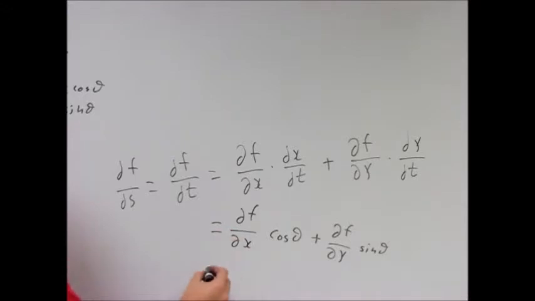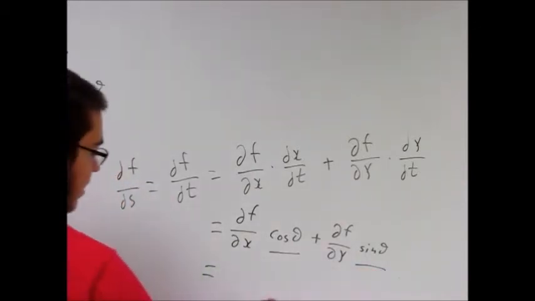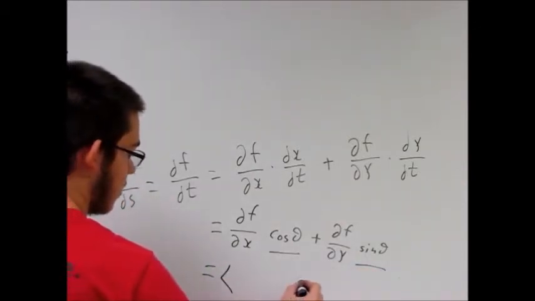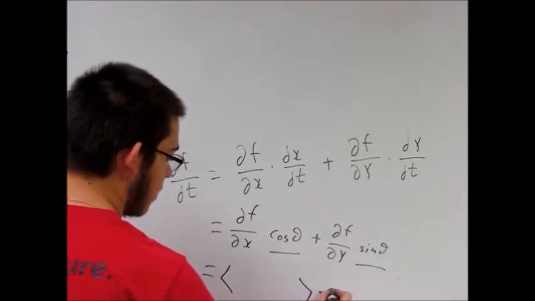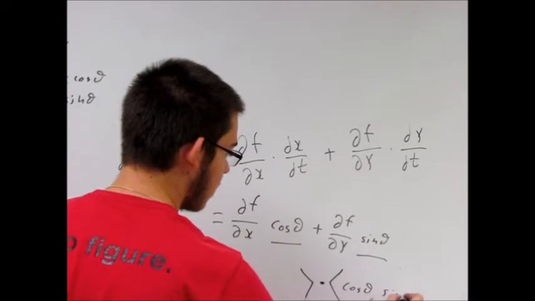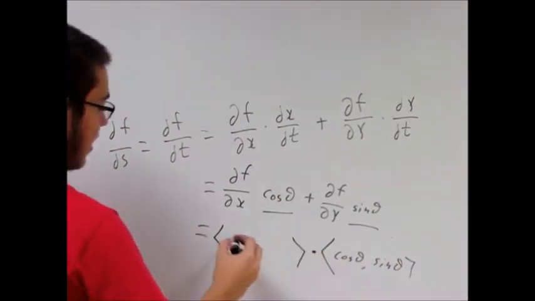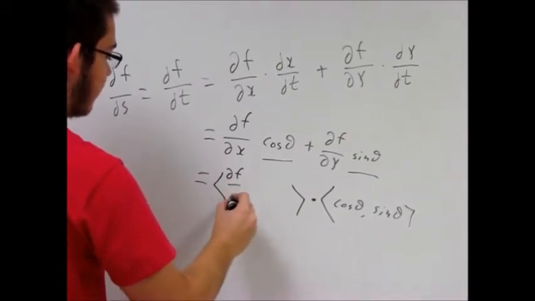And now we can see that this is equivalent to, well, see, this is cosine theta, sine theta, and here's cosine, here's sine. And so we can actually say this is the dot product of this vector, cosine theta, sine theta, and also the partial derivatives.